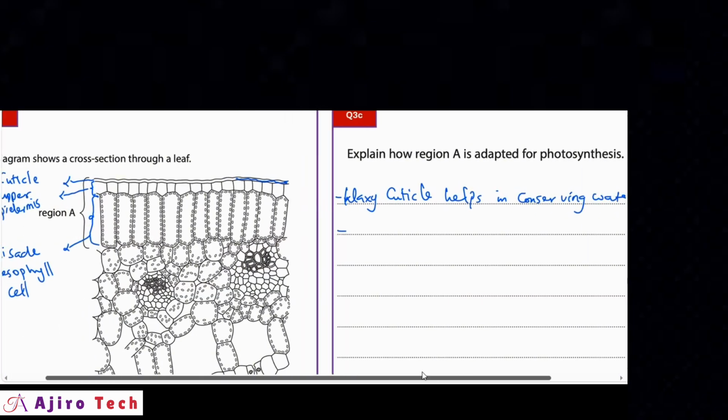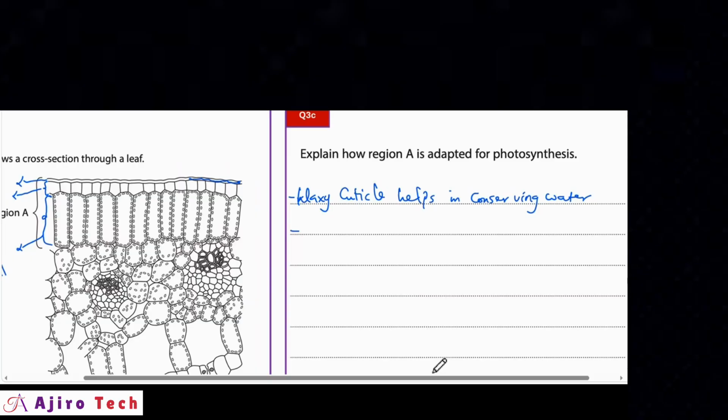So upper epidermis, because that upper epidermis is thin and is very close to the surface, it helps light penetration. It makes light penetrate more.